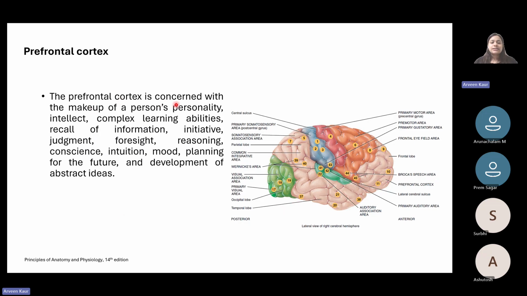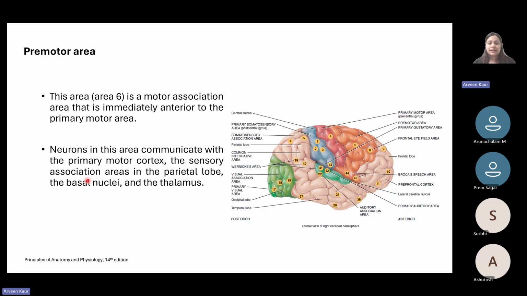The prefrontal cortex is concerned with the makeup of a person's personality, intellect, complex learning abilities, recall of information, initiative, judgment, foresight, reasoning, conscience, then intuition, mood, planning for the future, development of abstract ideas, etc.